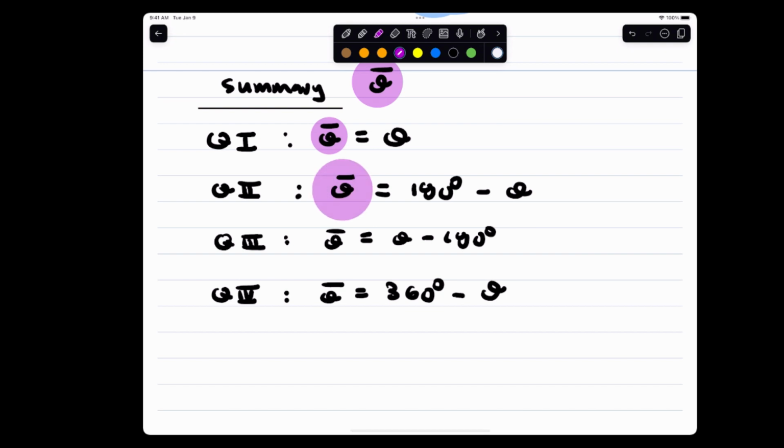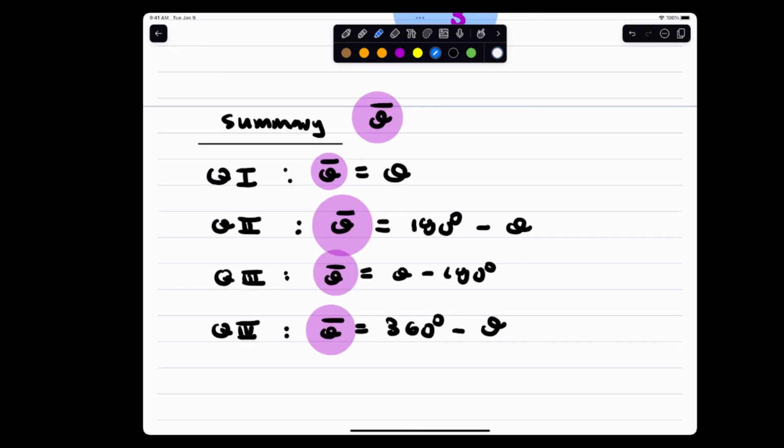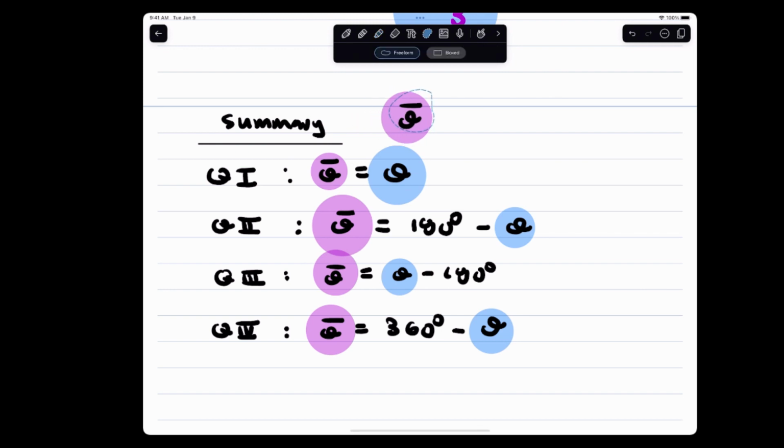So we can find the reference angle every time, provided we know the angle theta with these formulas. So we can even label that. Let's name it so we're aware. This is our reference angle.